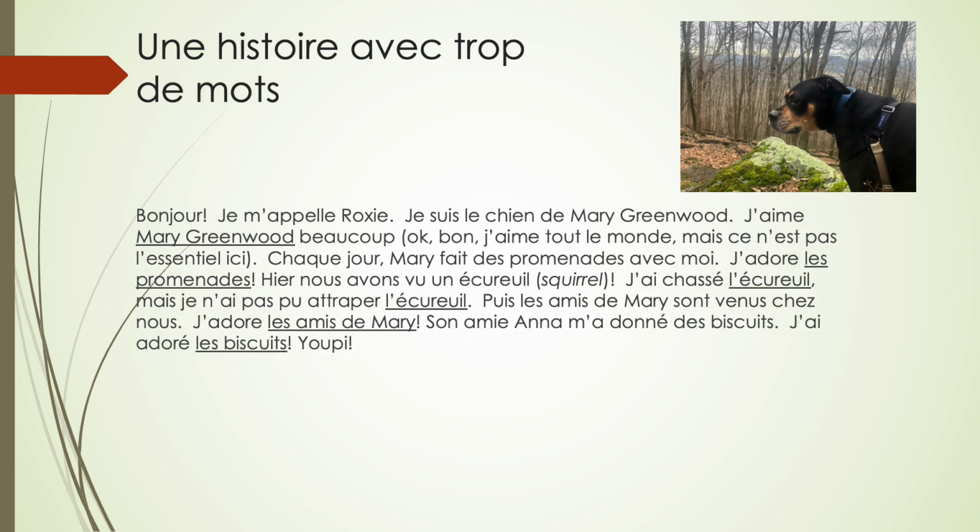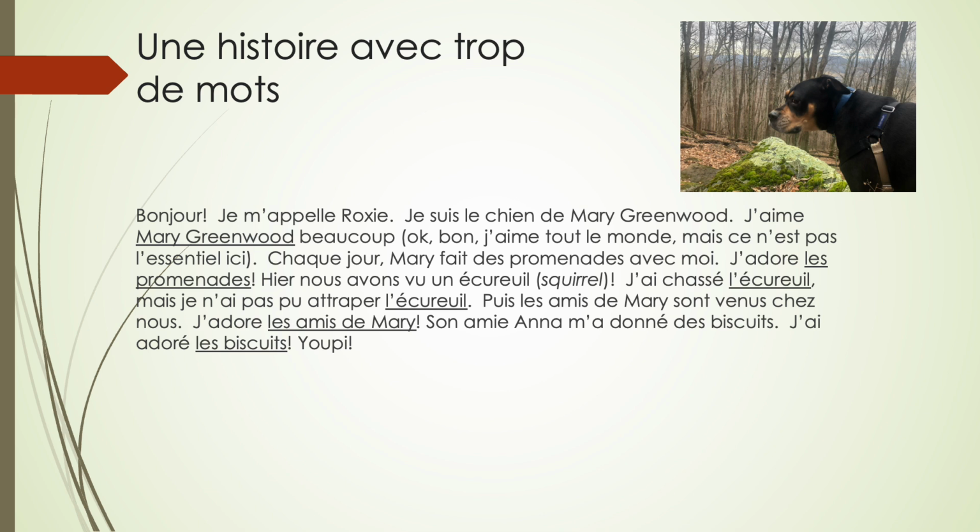So I'm assuming you paused it and now you've unpaused it. So let's look at what's being repeated. Je suis le chien de Mary Greenwood. J'aime Mary Greenwood. Répétition. Chaque jour, Mary fait des promenades avec moi. J'adore les promenades. So we can replace les promenades. Hier, nous avons vu un écureuil.